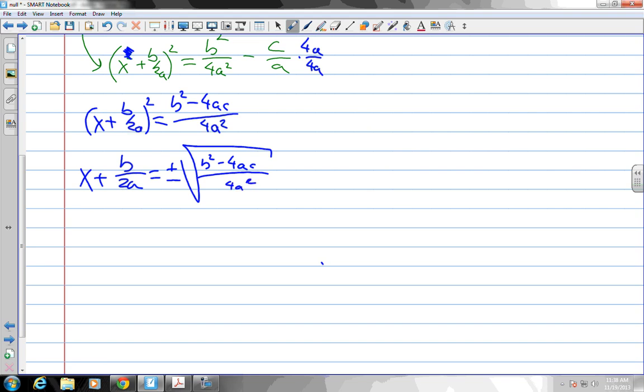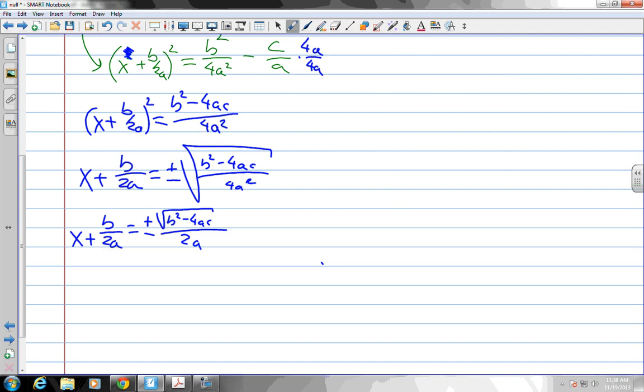I can take the square root of the denominator, can I? What is the square root of 4a squared? 2a. Now, again, technically the absolute value, but the absolute value will just give me plus or minus, and I already have plus or minus, so I don't need to worry about the absolute value. So b squared minus 4ac over 2a, right?